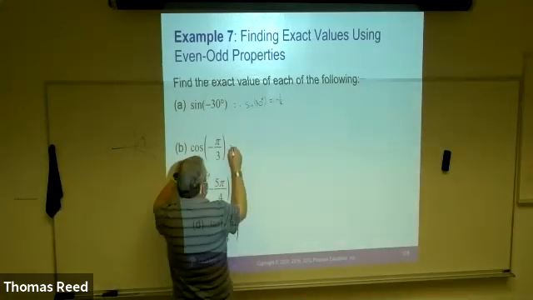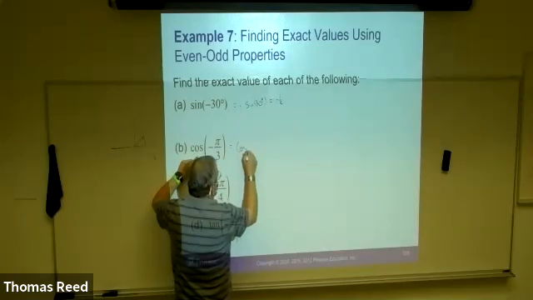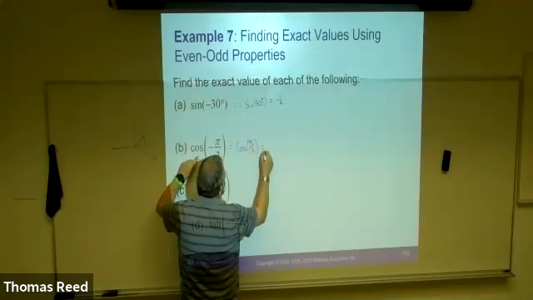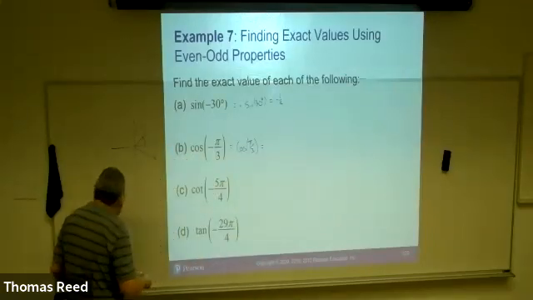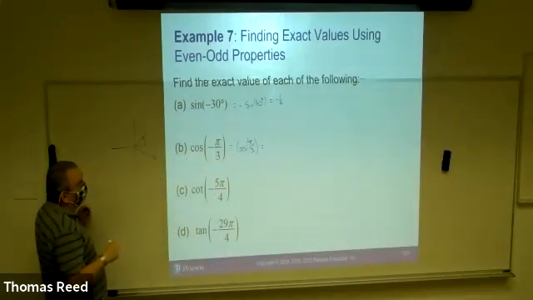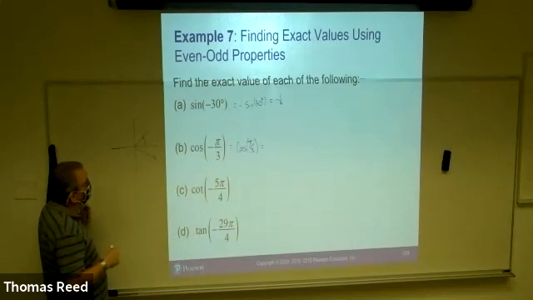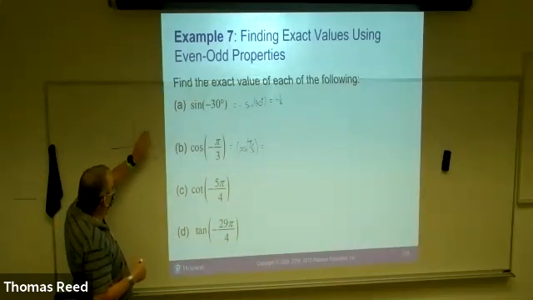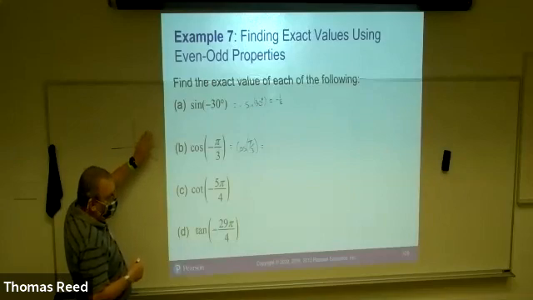This is going to be the same as the cosine of pi over 3. Right, so a thing here to see is notice which quadrant, where's cosine? Cosine is positive over here.